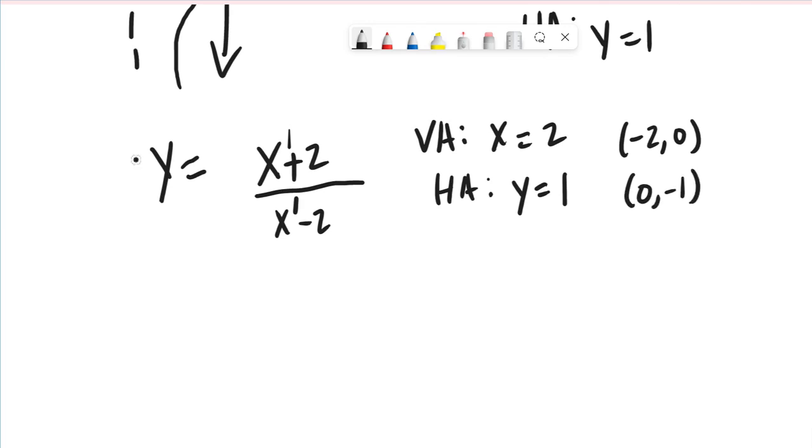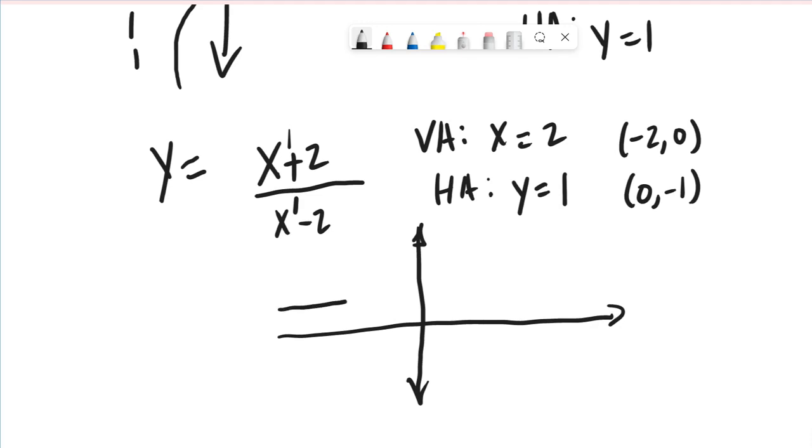Now, what do we need to do as it relates to this graph? Well, we need to go ahead and just find the asymptotes respectively. So you'd have y equals 1 right there. And then you have a vertical asymptote at x equals 2. But notice that you have points that cross at -2. And you have at -1.